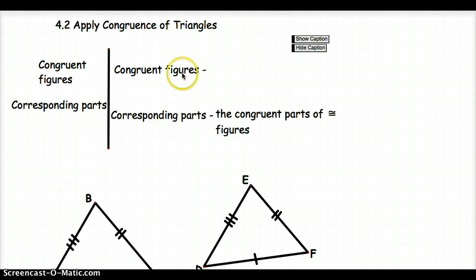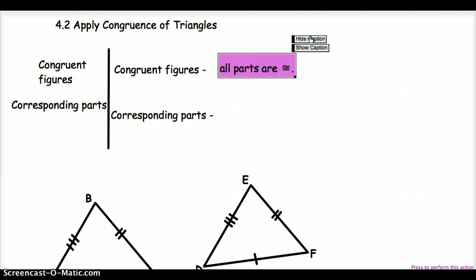We're going to talk about congruent figures. When we talk about congruent figures, we're talking about all parts being congruent. Now we are talking about triangles specifically, so let's talk about their parts. What parts are we talking about?